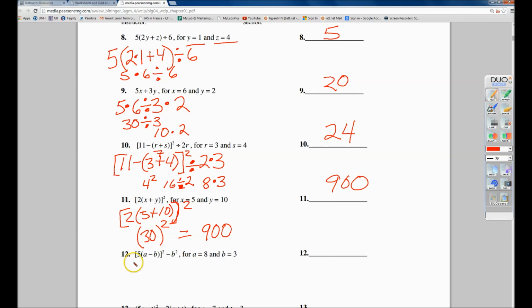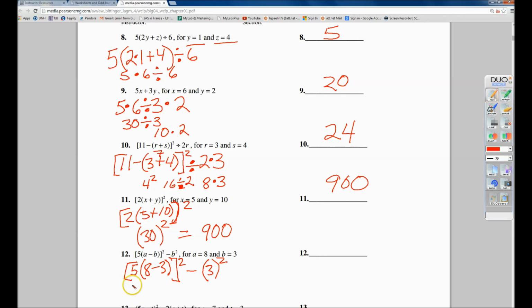All right, this next one. 5 times A is 8, minus B, which is 3, and that's going to be squared, minus 3, which is B, which will be squared.